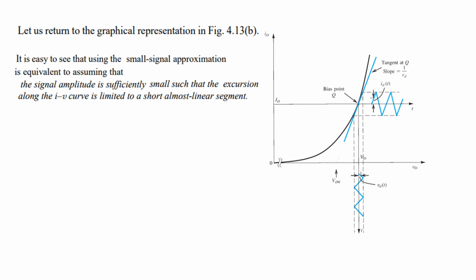So this signal is so small that the output current, or the DC diode current, its excursion is also very, very limited, that is, within this linear portion of the curve. This is the tangent, and this is also almost linear. The curve is also linear.